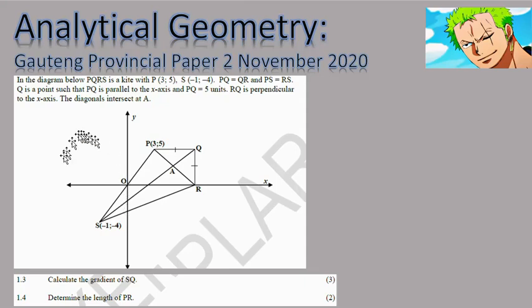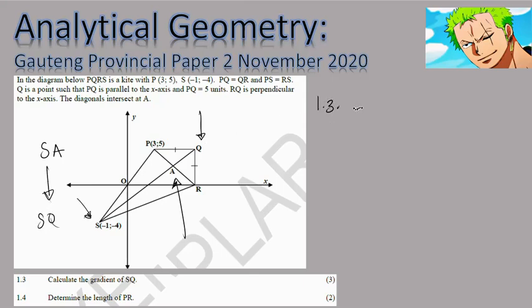Next question says, calculate the gradient of SQ. Now, here is one thing you need to understand about SQ. From this point here, from S to Q, the graph passes through A. So, which means if I can find the gradient of SA, then that is the same as the gradient of SQ, because these things are on the same line.